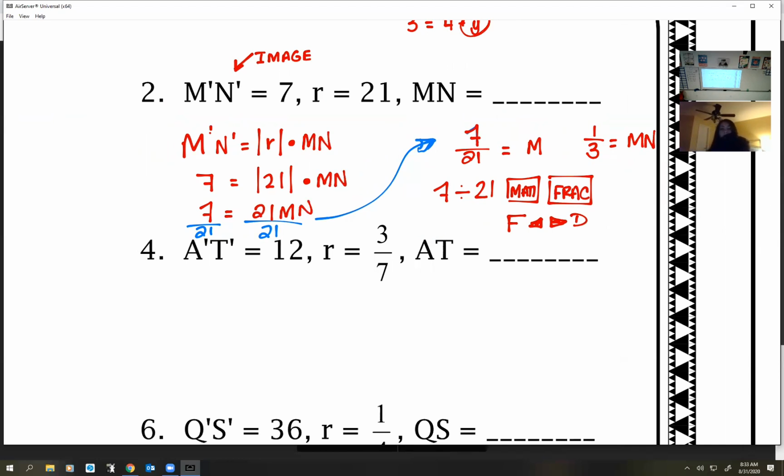Now, again, tricky. Was this an enlargement or a reduction? What do we base our enlargement or reduction off of? The R. So was this an enlargement or a reduction? Enlargement.